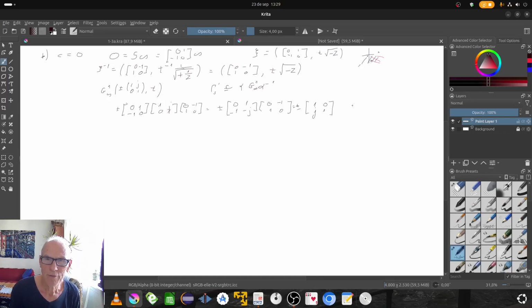And that means we have to have 4 dividing j. So the generator is plus minus 1, 4, 1, naught.